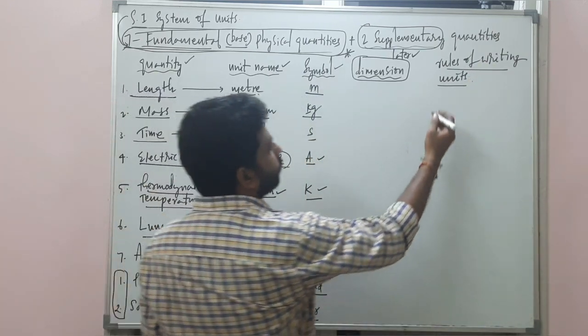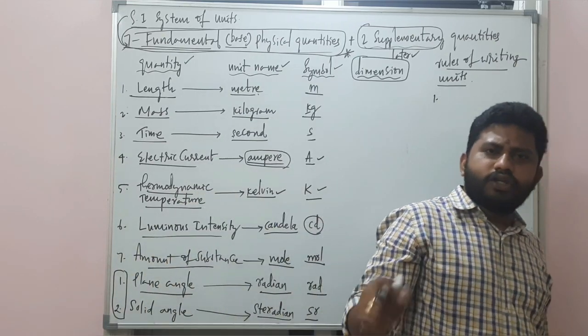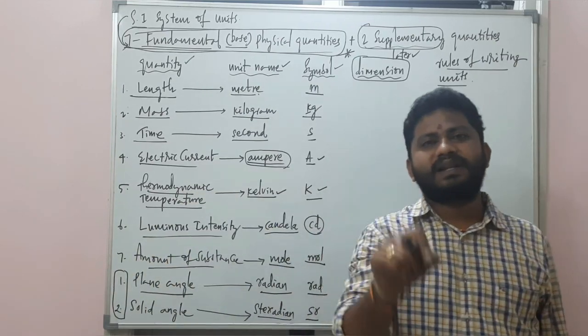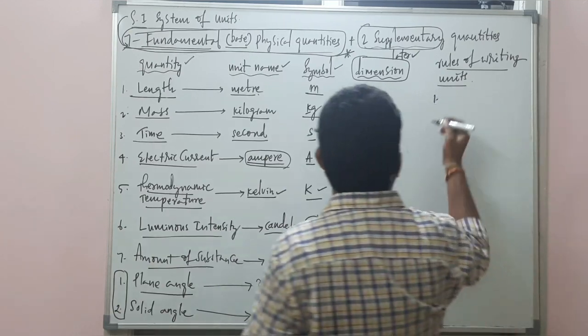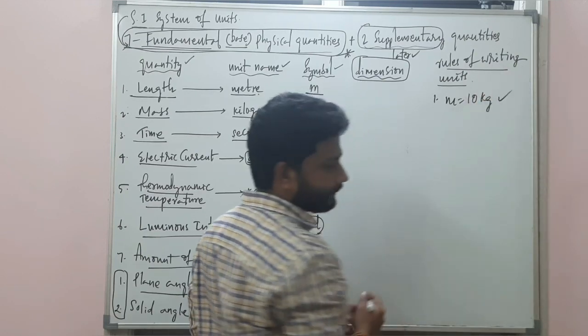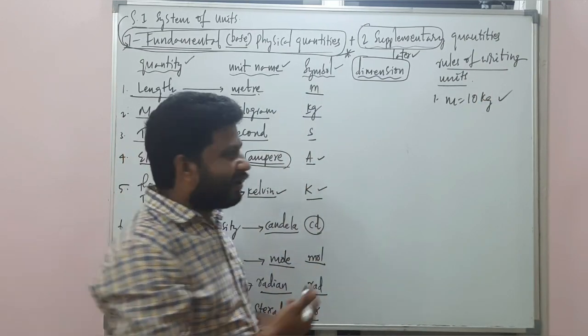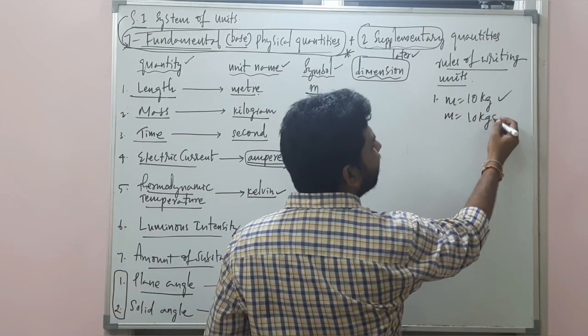Number one, the first two are simple. Units must not be mentioned in plurals. That's it. For example, the mass of an object is 10 kilogram. It's correct. So I cannot write the mass of an object is 10 kgs.